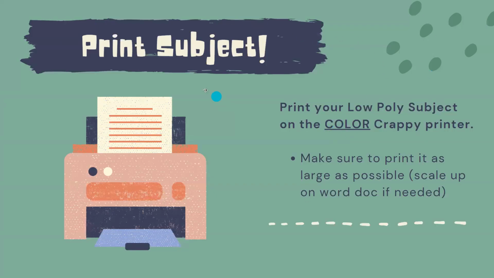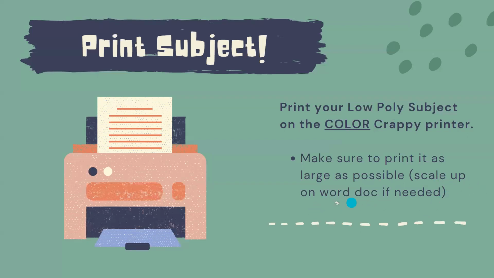Before we do the demo, you do need to print an image of your subject. Please, please, please print it on the color crappy printer. So if it says photo, do not print it, okay? You need to make sure to switch it over to the color printer. Try to scale up your image as big as possible.